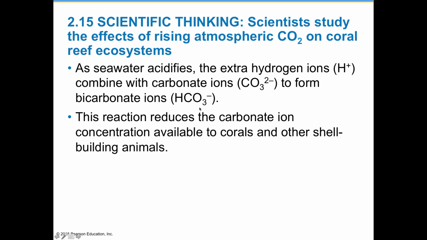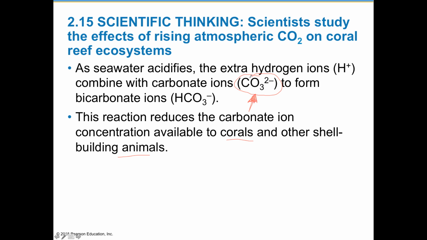So what this means is, let me get my pen. This carbonate ion is naturally in the ocean water. It is not meant to be there to make bicarbonate ions. It is meant to be there for these coral animals and other animals with shells to build their exoskeleton.